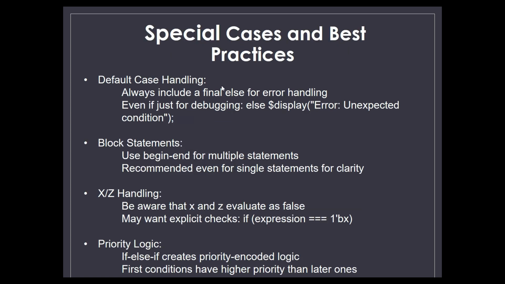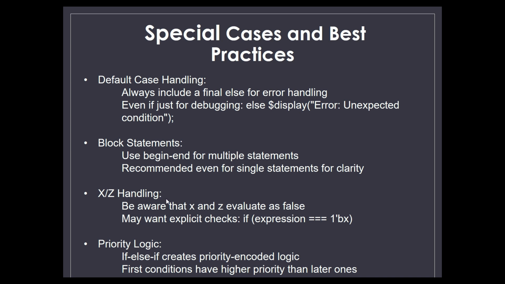These are some special cases and best practices. Default case handling: as I mentioned earlier, always include a final else for error handling, even if it's just for debugging. That makes it easier for someone to understand what the code was written for. Then block statements: we have to use begin end for multiple statements, and they are recommended even for a single statement for clarity.